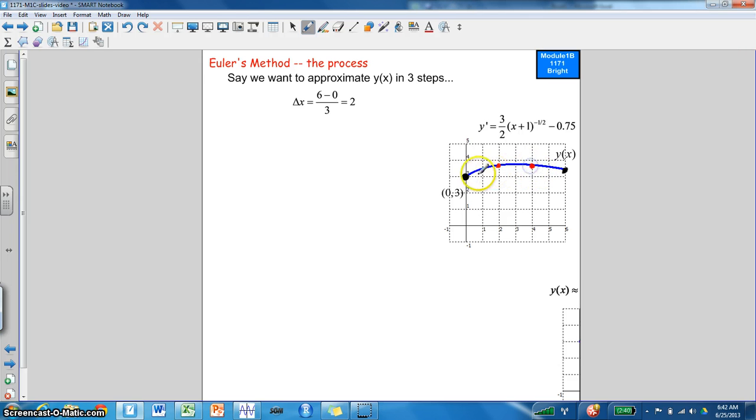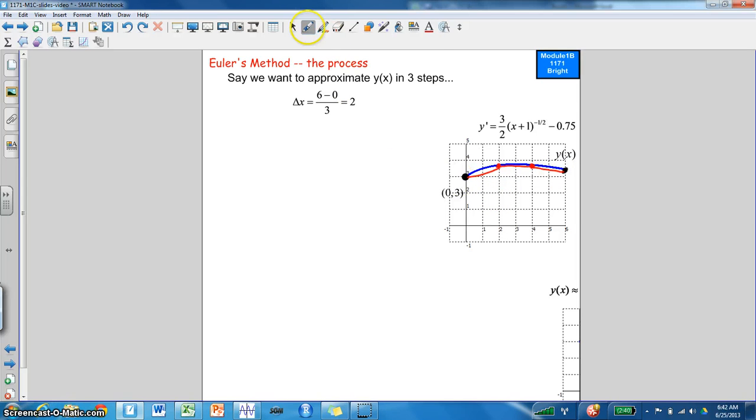And again, my lines may look something like this if I were to do a straight line approximation, but this would be a very ideal situation, and we'll see in the end what our piecewise linear function actually ends up looking like. But I'm going to have 3 segments in my piecewise linear function. I'm given this point, and I need to find these other 3 points, and then use those points to make a piecewise linear function.